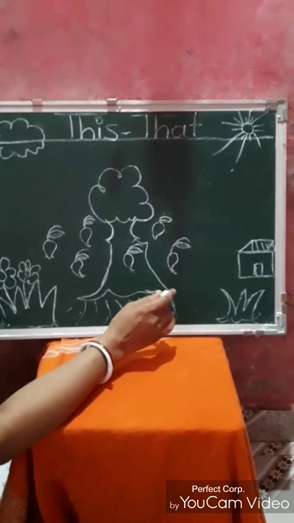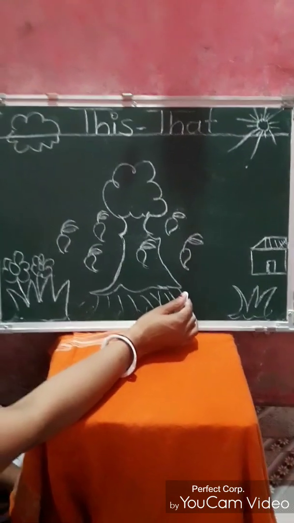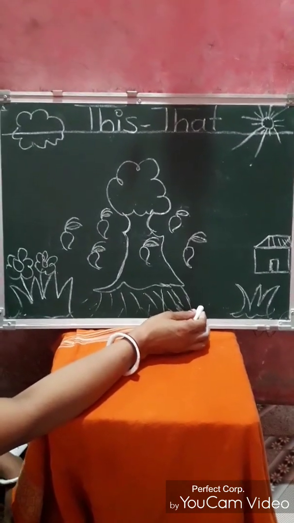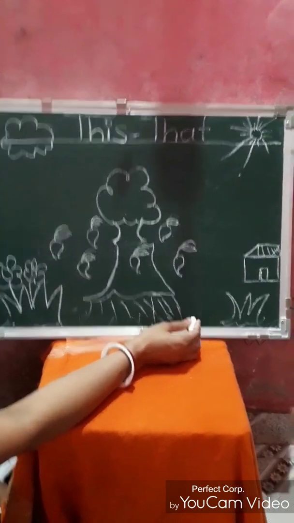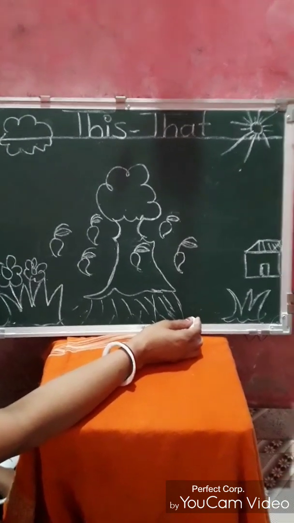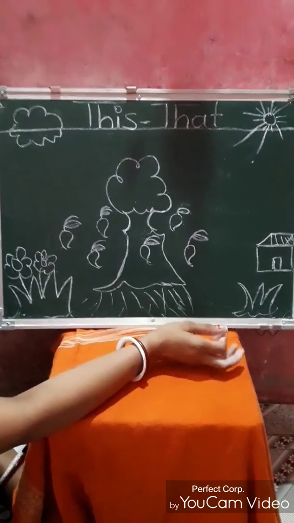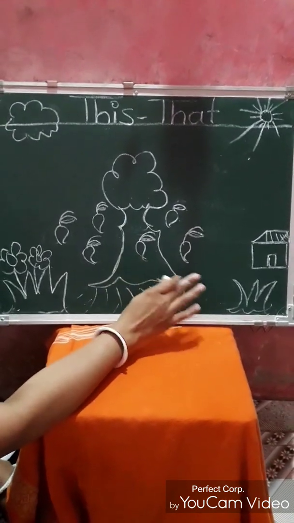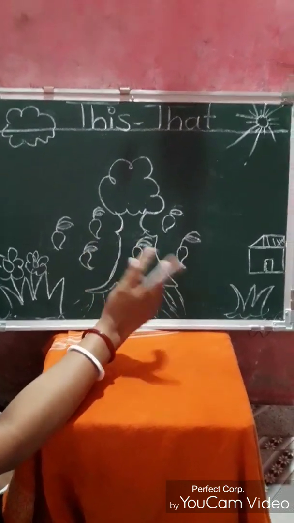And for more examples, remember the days when you go to school and sit in a class. In class some things are nearer to you and some things are far away from you. Like the fan is far away from you, you cannot reach the fan without the help of a ladder, but the chair, benches, your school bag, your water bottle, all these things are nearer to you. The blackboard is also far away from you.